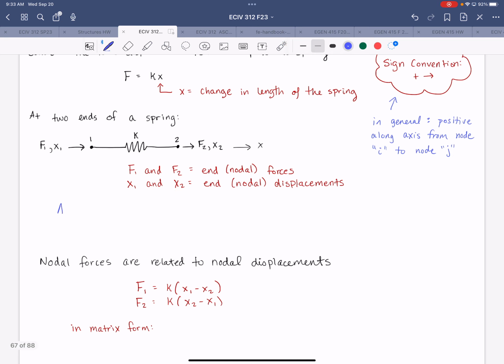We're going to assume that each node can only move in one direction, and that direction would be along the axis. It can move back and forth along the axis, but really only one direction of motion. So that would be a single degree of freedom.